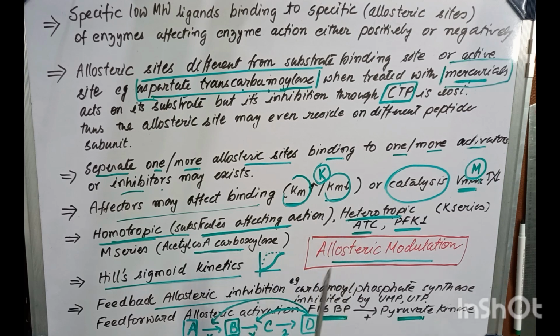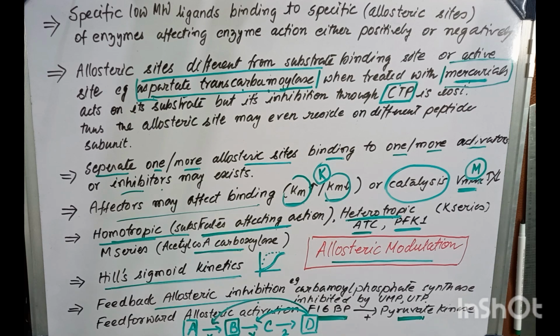Another point is that allosteric enzymes follow the sigmoid kinetics of Hill, given by the Hill equation. The velocity is given by Vmax times s to the power n, divided by k prime plus s to the power n. That is the Hill equation that you have to remember.